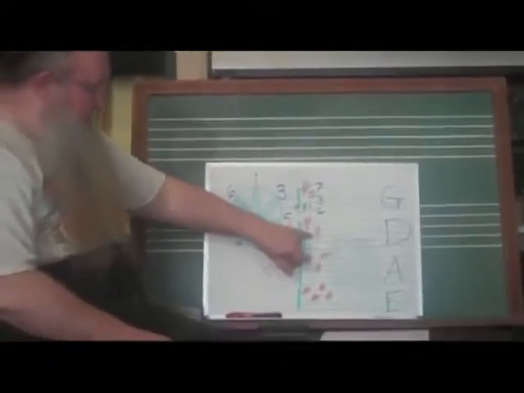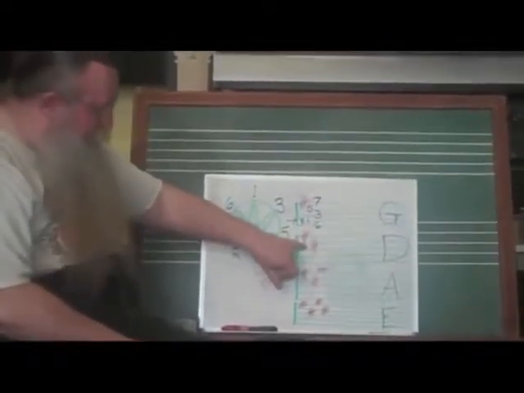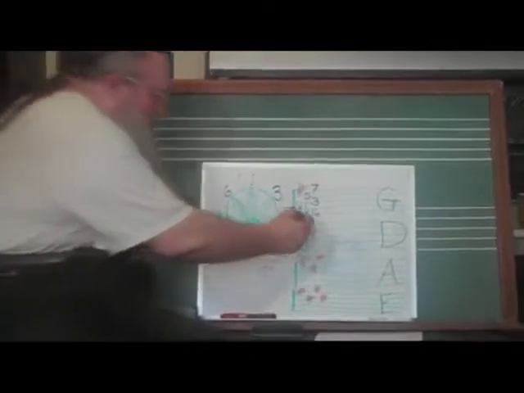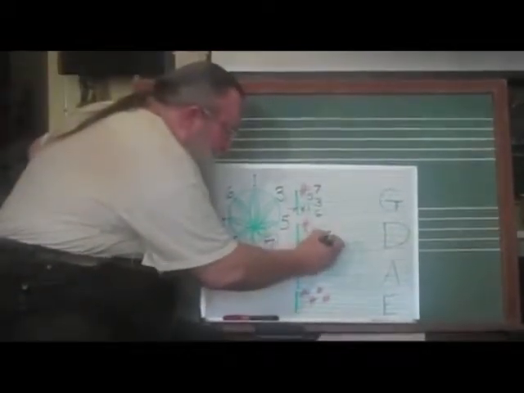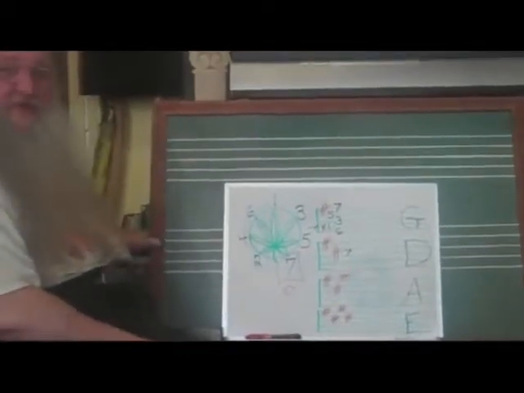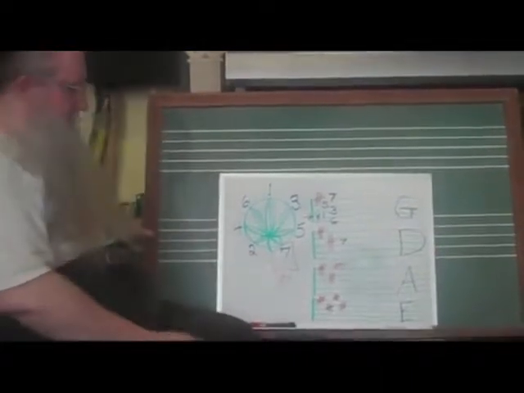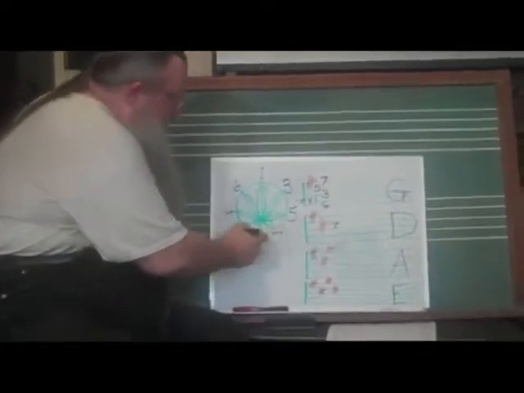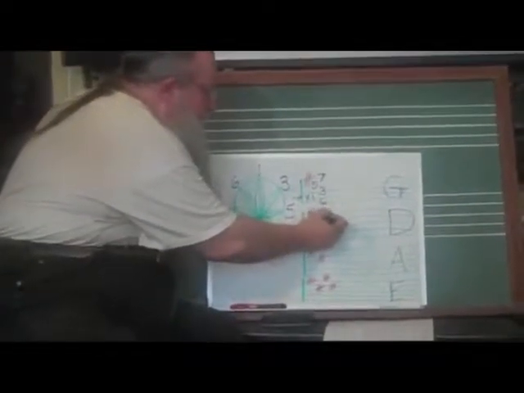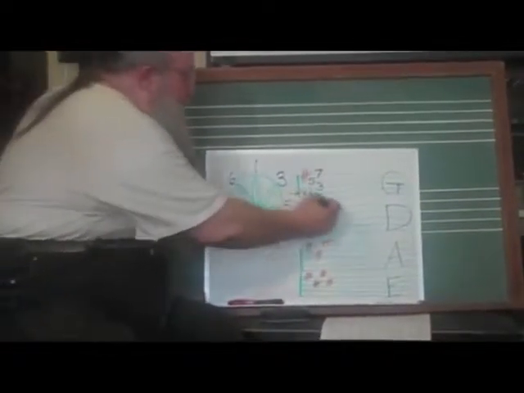For the D, we have 2 sharps, and this sharp here is on this space, which means that this space right here must be the number 7, because the last sharp is always the number 7. So now 7 up to the next one would be a 2. 2 goes up to 4, so that space is 4.